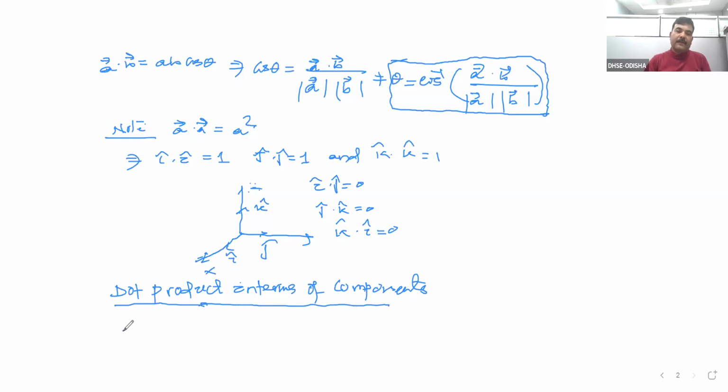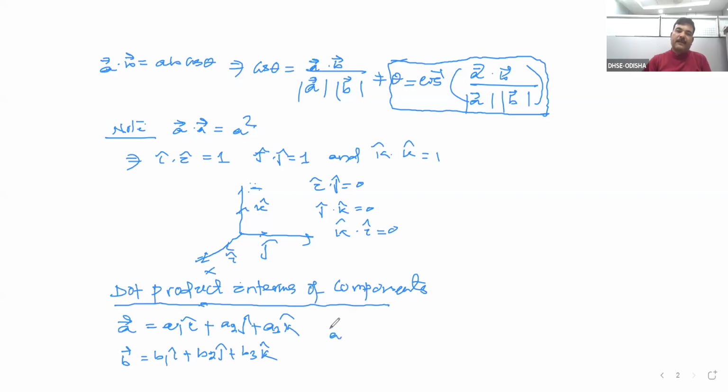Let vector A be equal to A1 I cap plus A2 j cap plus A3 k cap, and vector B is equal to B1 I cap plus B2 j cap plus B3 k cap.